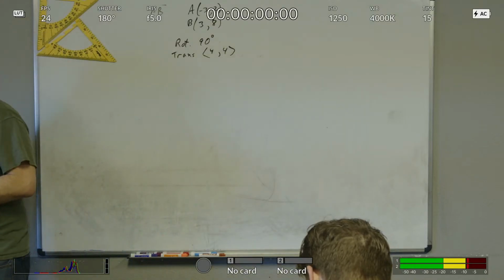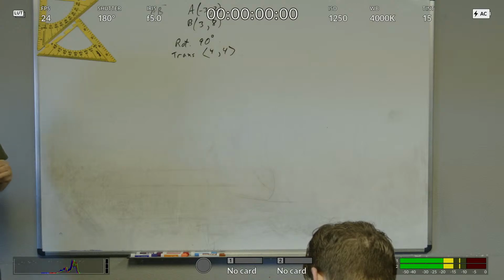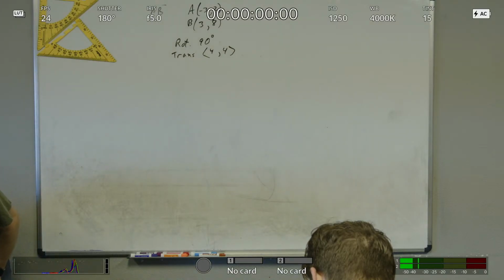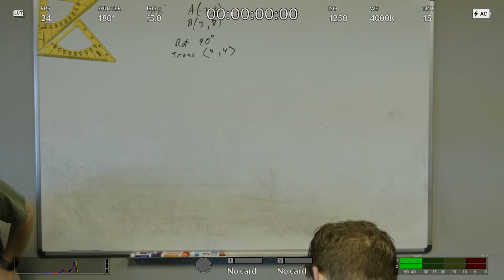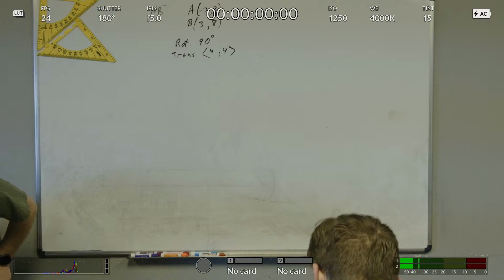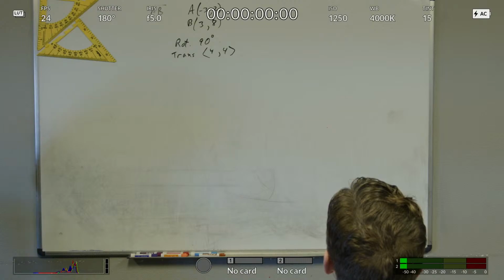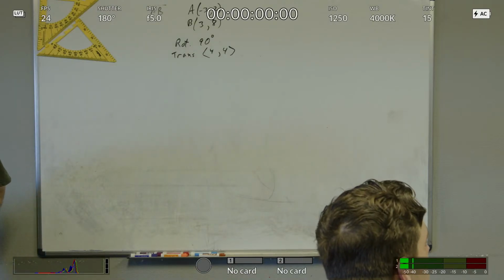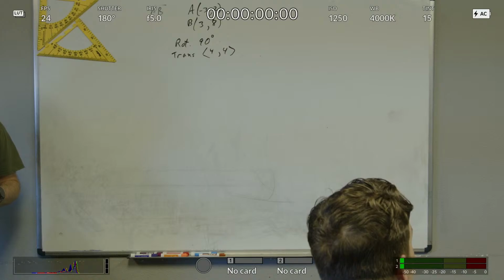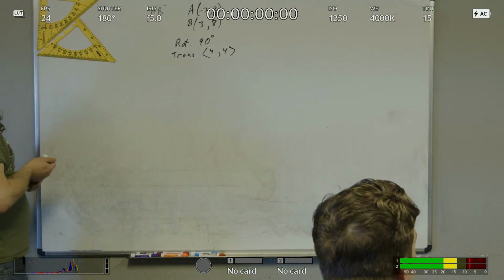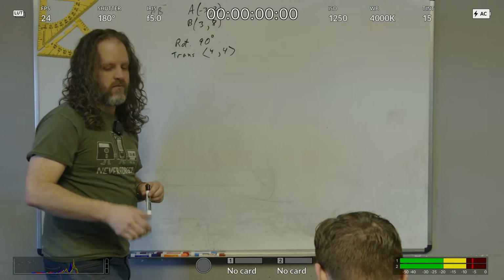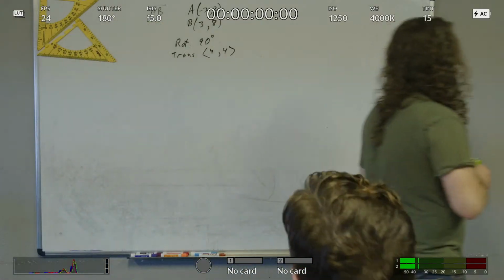Okay, so what should we do? You do it in the order they're listed. Okay, so to rotate it 90 degrees, what do we do? Negative y, x.